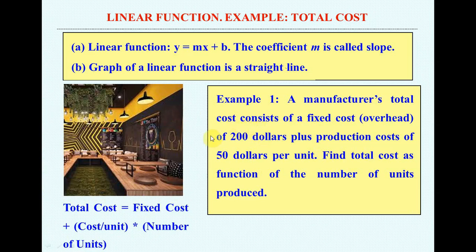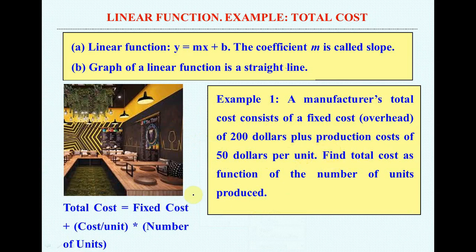Let's see example 1. A manufacturer has a total cost consisting of a fixed cost of $200 and a production cost of $50 per unit.